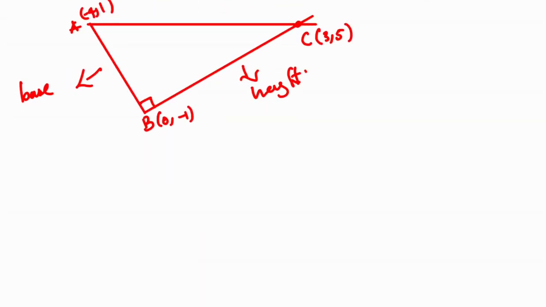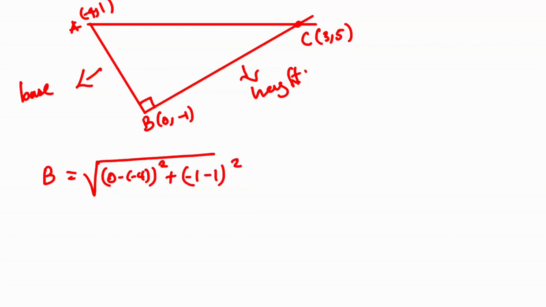So let me find the base. Finding the base B, of course, this is the distance between 2 points. So I'm going to maintain my x2, y2, x1, y1. So I'm going to have 0 minus minus 4 all squared, plus minus 1 minus 1 all squared. So I'm going to have 16 plus 4, which is root of 20.